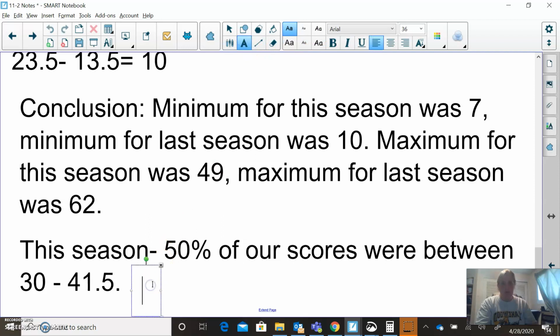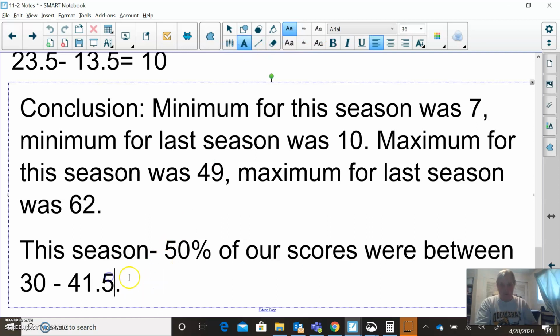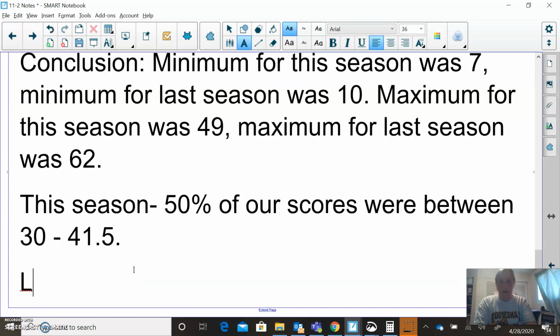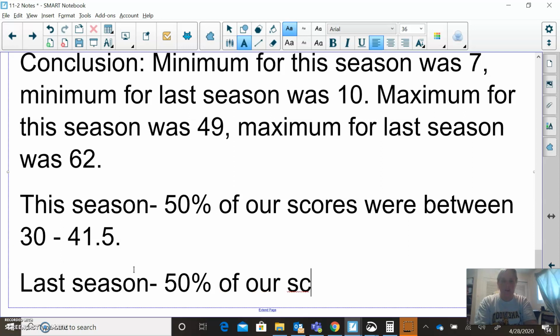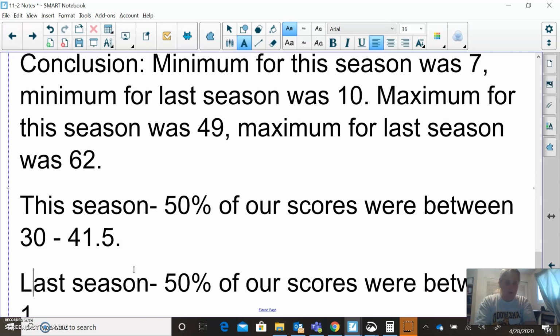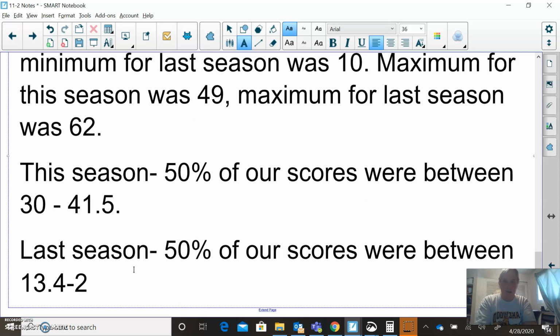Okay, so for last season, 50% of our scores were between 13.5 and 23.5.